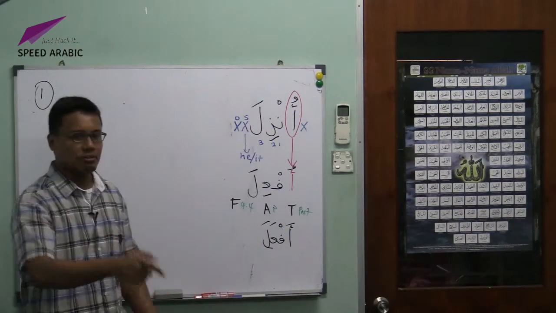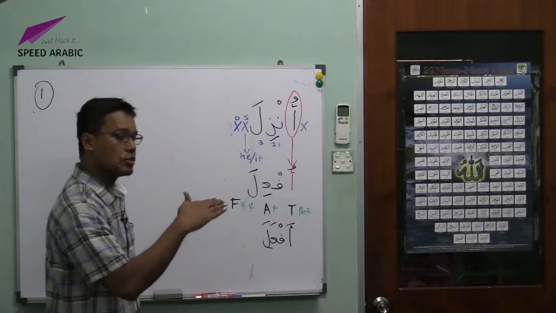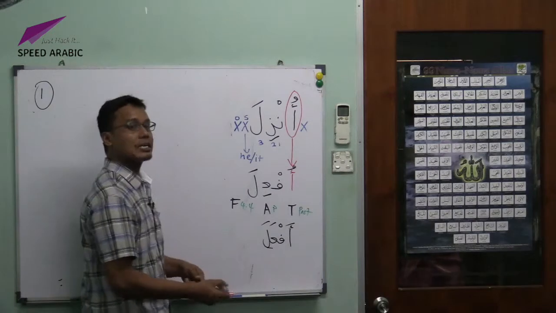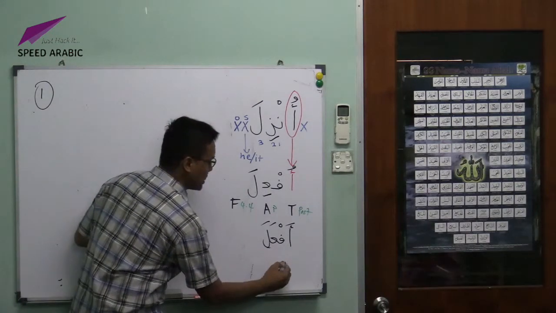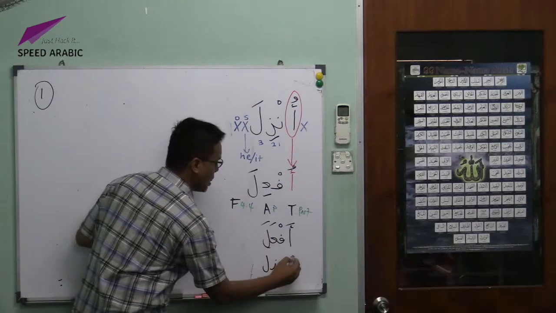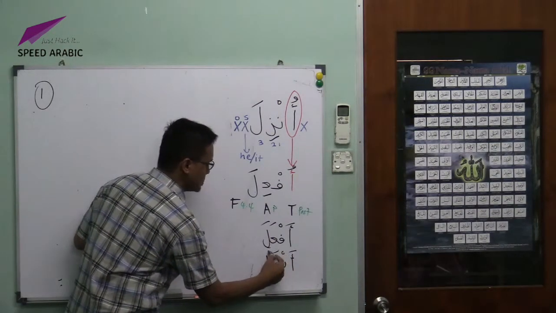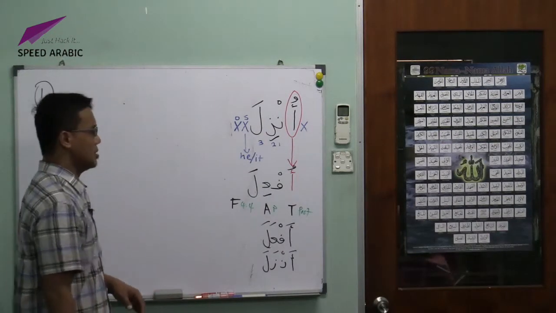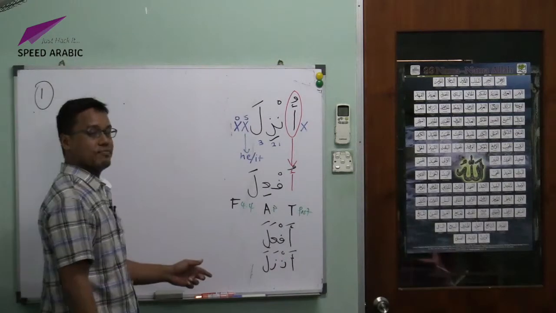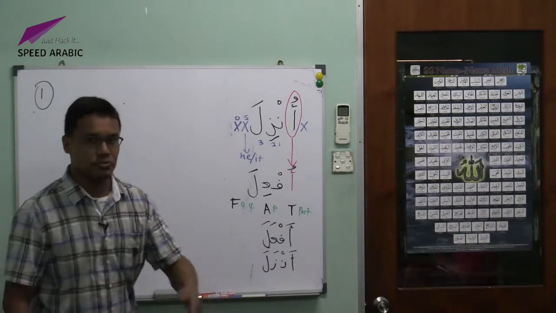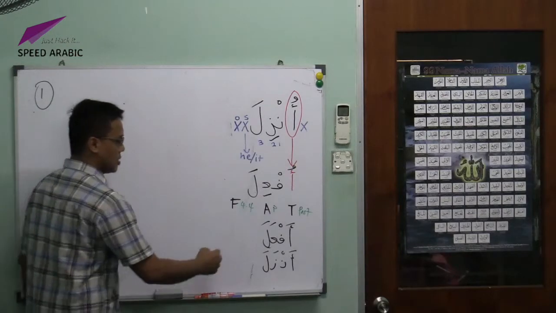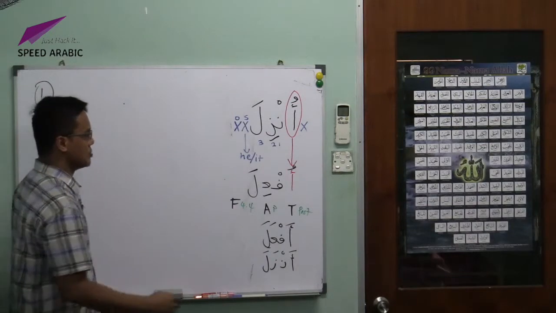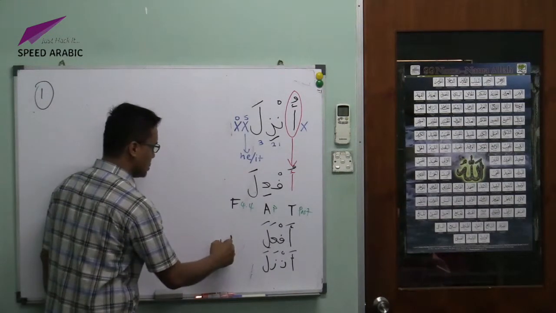After doing that, you convert back, right? You apply to the target verb, so it becomes the same thing, anzala. And when you have anzala, step number 6, find the roots, which is nazala.